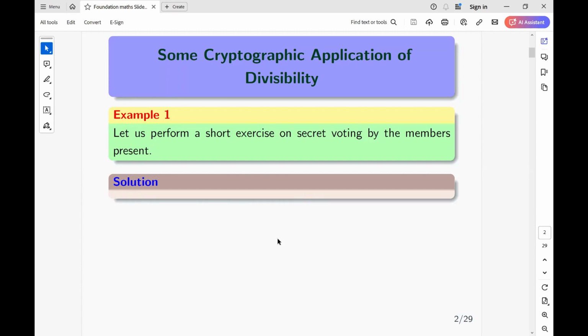So I want to see whether that voting was secretive. It was secretive because when I gave my first paper with the secret number, the only person who knew the secret number was the first person. The first person cast his vote. The second person was given the total of the first person.